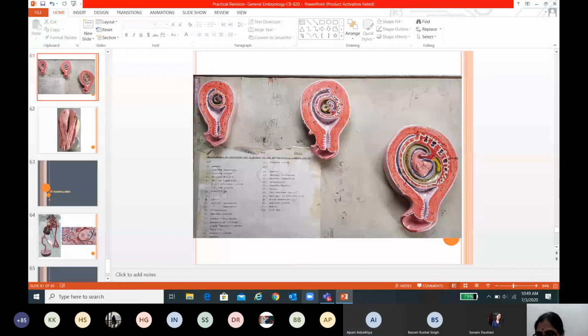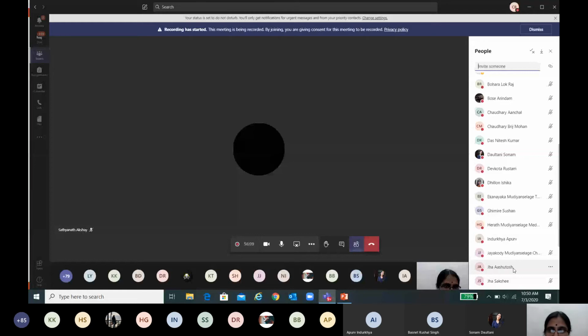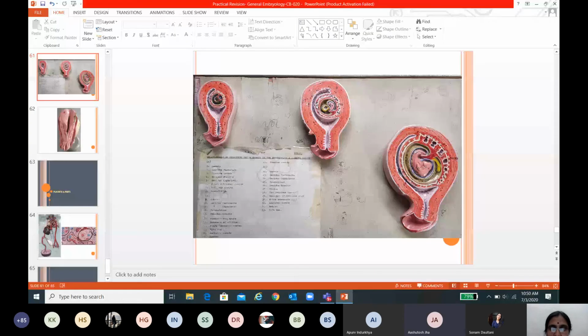Okay, then Asutosh, are you there? Yes, ma'am. Asutosh, which part of the decidua is this? What will you write down in the exam? Decidua capsularis. Very good, Asutosh. Which part of the decidua is this? This one? The pointer is lagging.